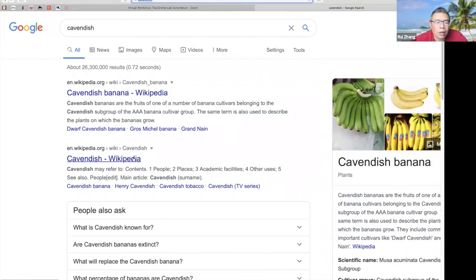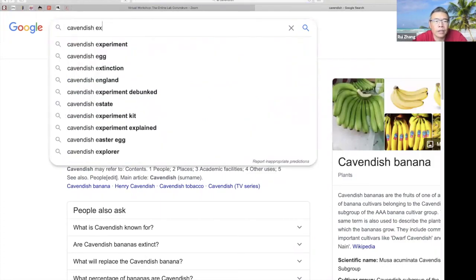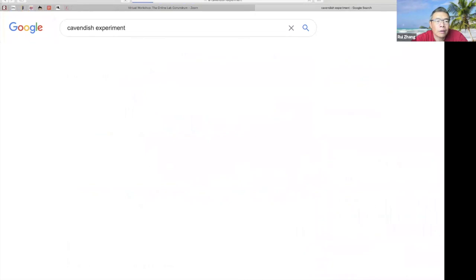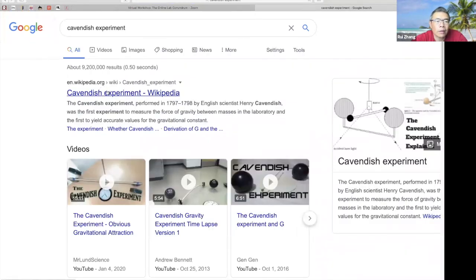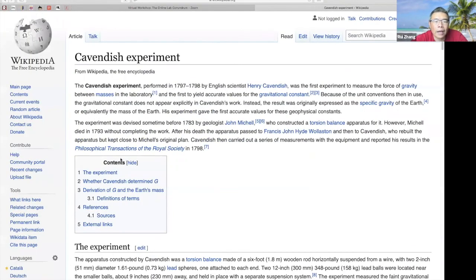Let me talk about the Cavendish experiment. This experiment was performed at the end of the 18th century, after Newton had died.